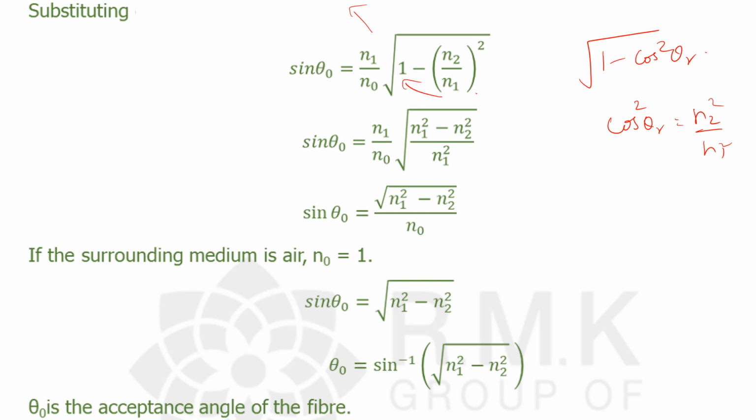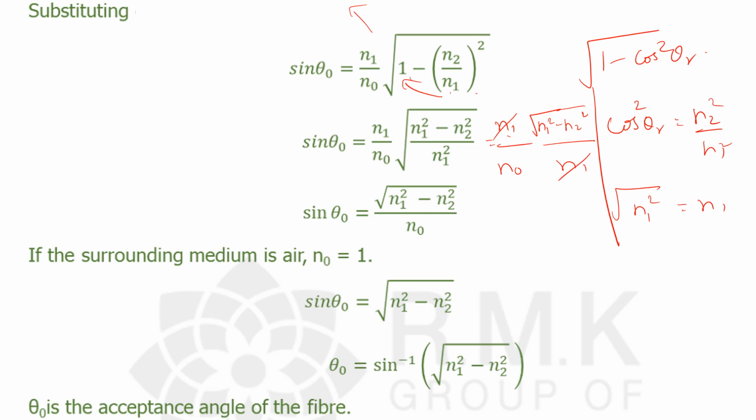Taking LCM, we get n1 square minus n2 square divided by n1 square. Root of n1 square is equal to n1. Therefore this will be n1 divided by n0 root of n1 square minus n2 square divided by n1. We get sin theta naught is equal to root of n1 square minus n2 square by n0.